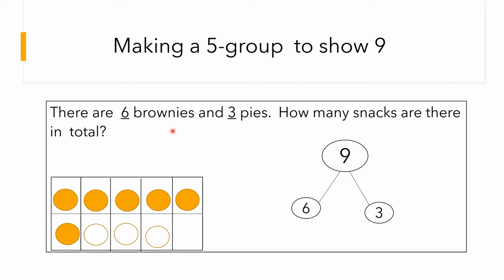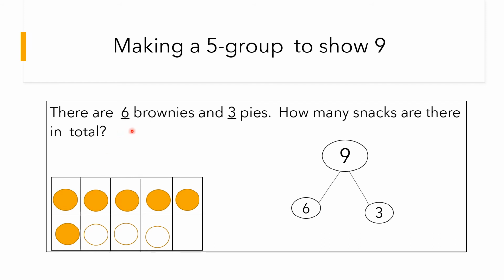6 brownies and 3 pies. That means we needed to think about those 2 numbers and start with our biggest number first in our 5 group table. So 1, 2, 3, 4, 5, and 1 more brownie makes 6.